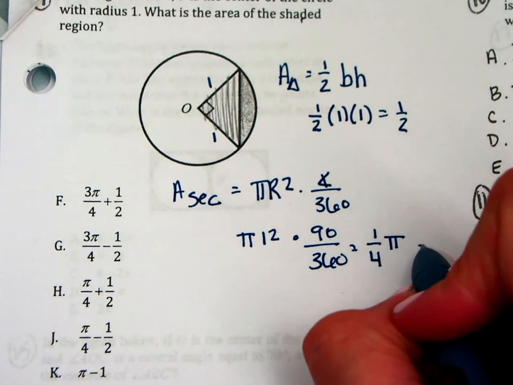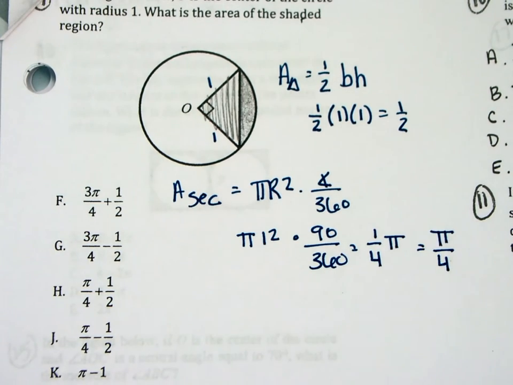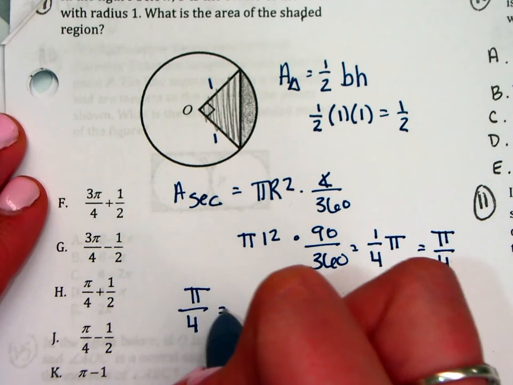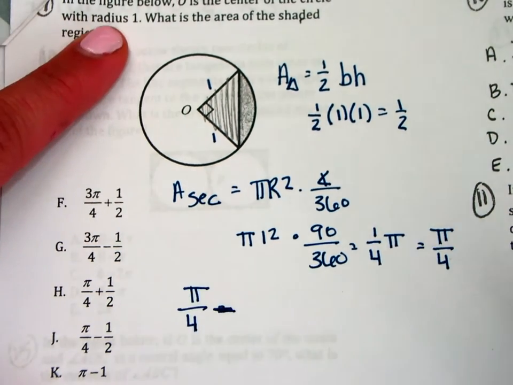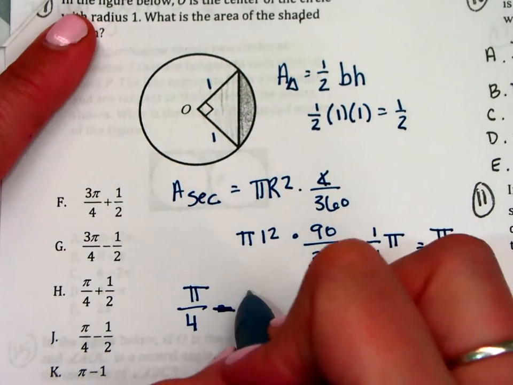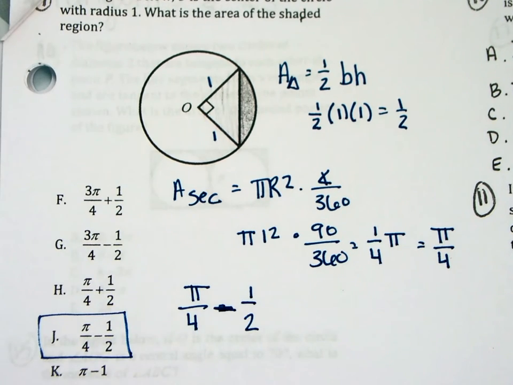Now pi usually goes into the numerator, so this would just be pi over 4. So the area of the full sector is pi fourths because it's 1/4 of a circle, minus, I'm going to remove the area of this triangle. So to remove the area of the triangle, I would be subtracting 1/2. So it's option J.